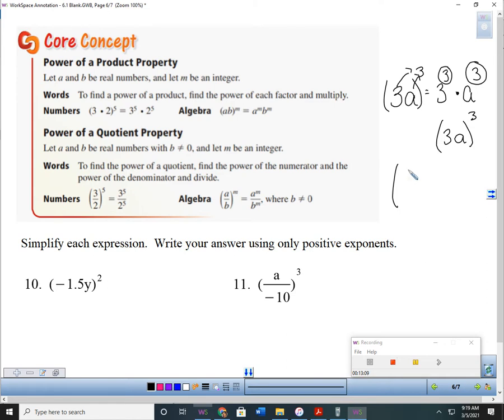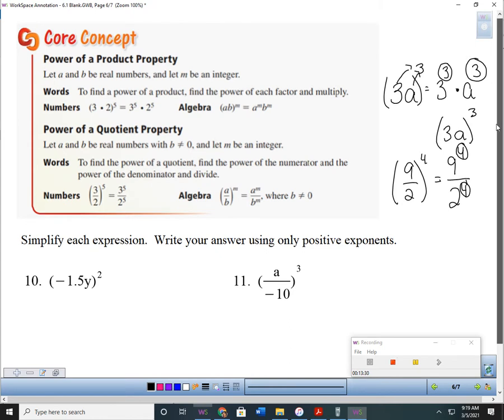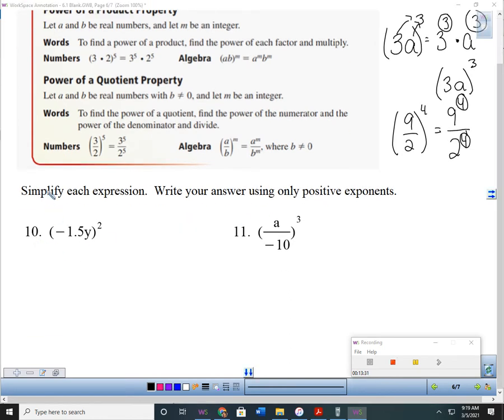So same thing, if I had 9 over 2 raised to the 4th power, that's the same thing as 9 to the 4th power divided by 2 to the 4th power. Or if I see 2 things that have the same exponent, I can put them together and raise them to the 4th power.